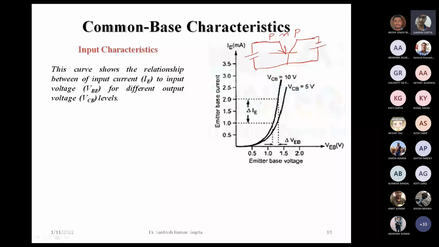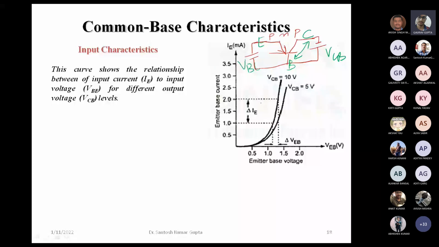So for reverse biasing this collector base junction, I think it should be clear to all which terminal is what here. This is base, here collector and emitter. Okay, so between collector and base we have this VCB here, and between base and emitter we have VBE here.